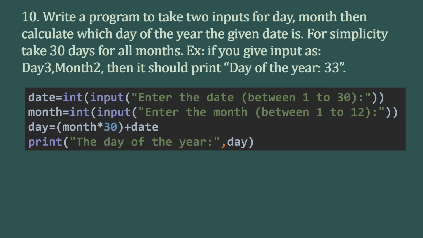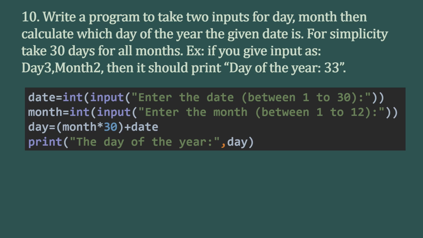Now write a program to take two inputs for day and month, then calculate which day of the year the given date is. For simplicity, let's take 30 days for all months. That means if you input day 3, month 2, then it should print day of the year is 33.